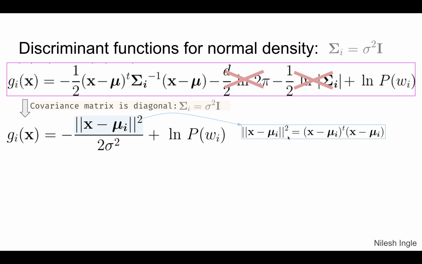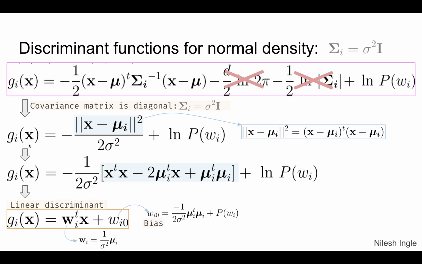And then that can be used to derive this equation, which is the relation for the linear discriminant. Gi of x is equal to wi transpose x plus wi0, where this wi0 term is the bias term given by this relation, and the wi is given by this relation, which is 1 divided by sigma squared times mu of i.